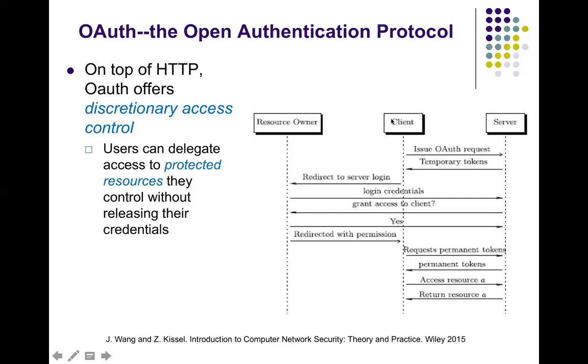So the client wants to use certain resources under the resource owner's control. What he would do is issue an OAuth authentication request to use some of the resources controlled by the resource owner. And the server, the cloud, issues a temporary token indicating that a request has been received from this client.